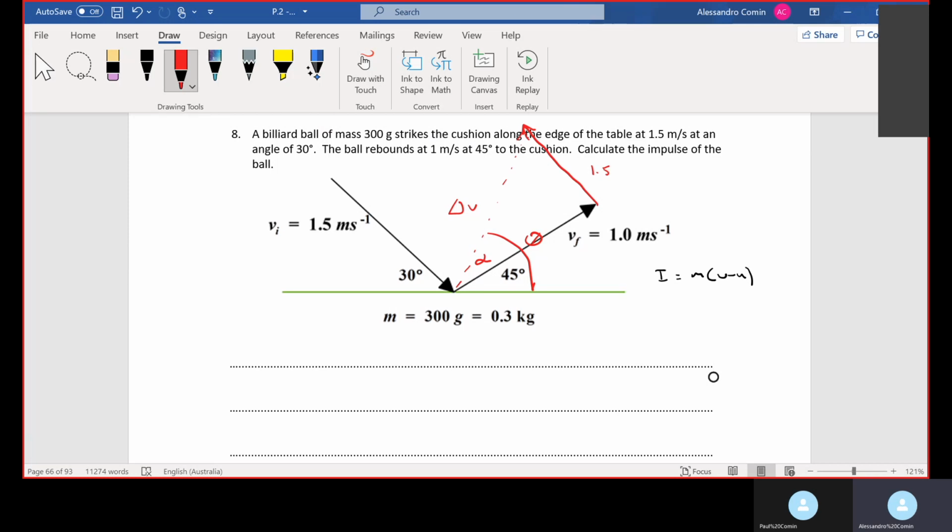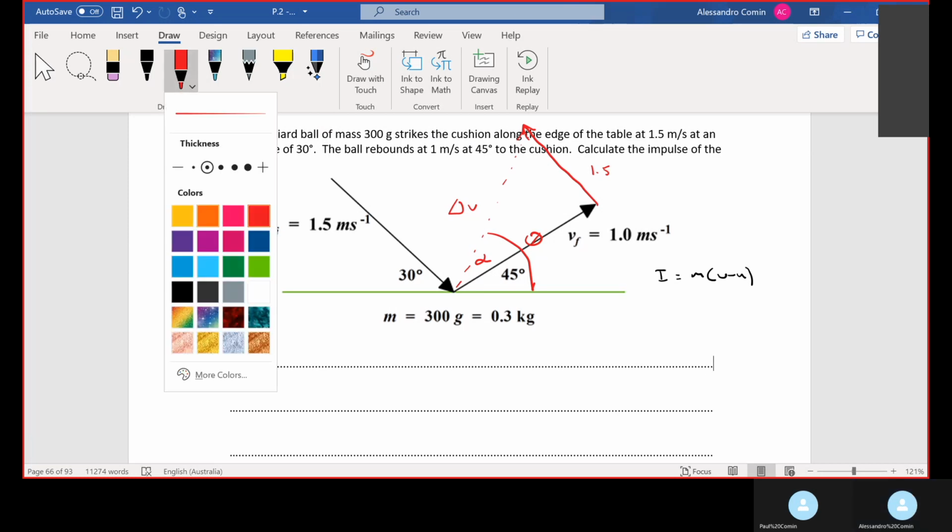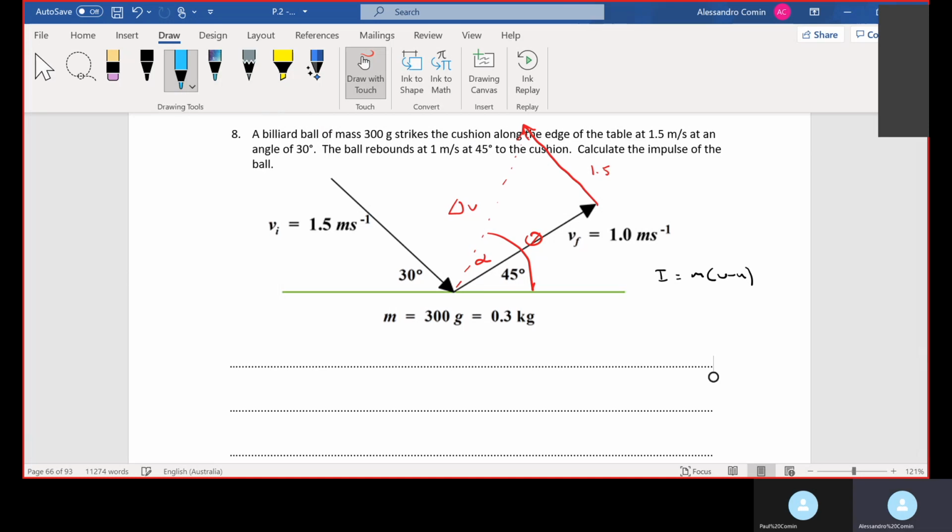All right, so let's talk about this. What in the world is going to be this angle right here? What is going to be that angle?